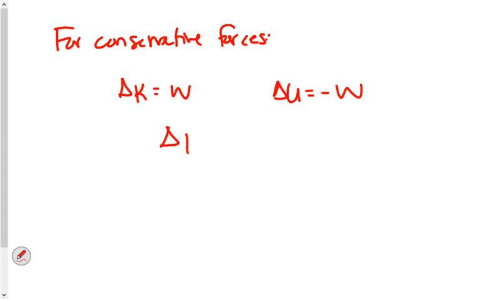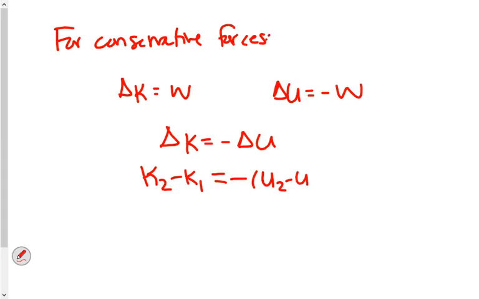So that tells us that delta K is equal to negative delta U, so that the energy that's lost from kinetic energy is gained by potential energy and the other way around. So I could say that, for instance, K2 minus K1, if positions 1 and 2 are where my object is moving between, is going to be negative U2 minus U1.